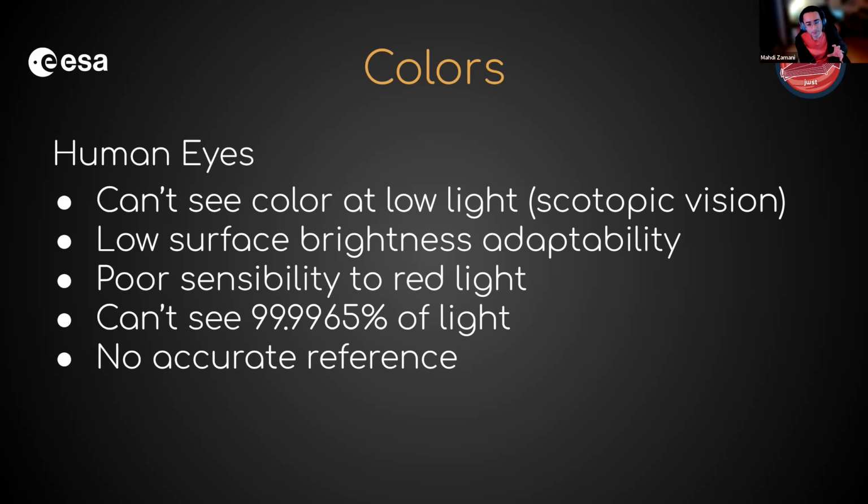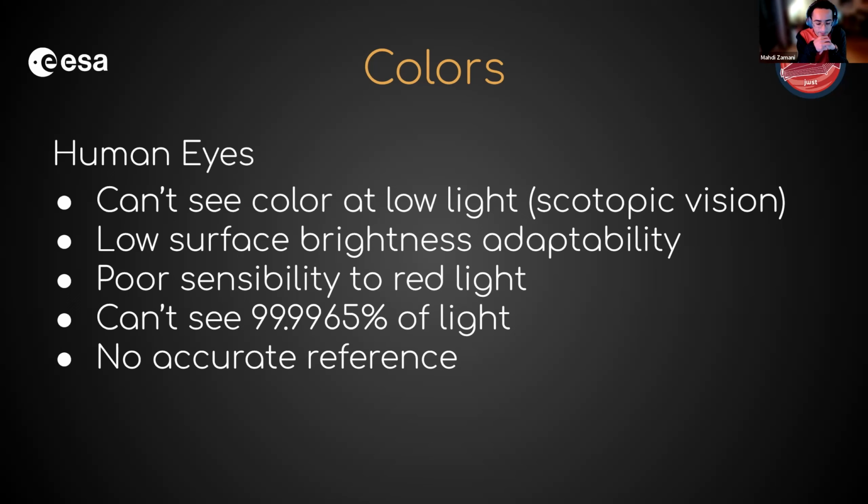It's the relation between the amount of light emitted from the object and the part of the sky, or the area of the sky, that the object occupies.